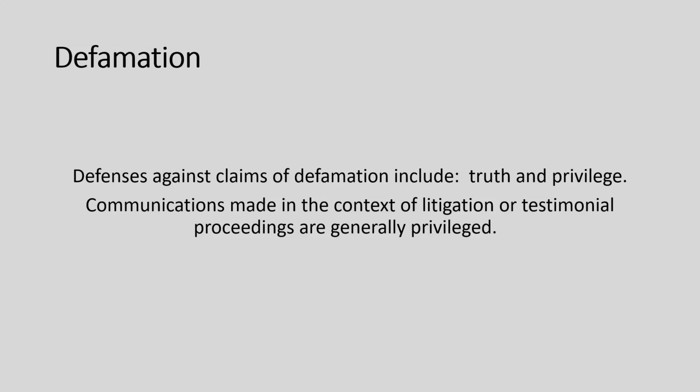In other words, if Ann is communicating information that is harmful to Bob's reputation, or Bob is communicating information harmful to Ann's reputation in the setting of litigation or where there's been testimonial evidence taken in proceedings, then those kinds of communication will be privileged. And that's a defense that can be raised.